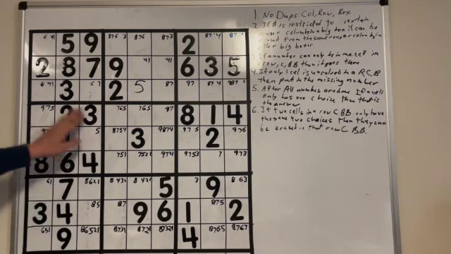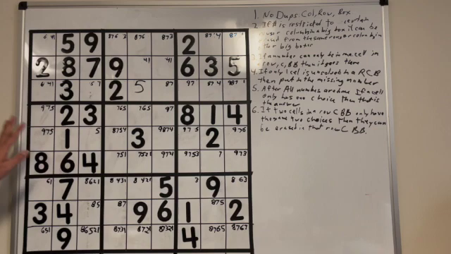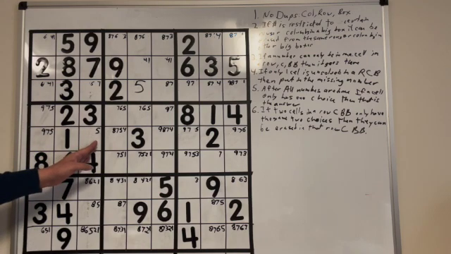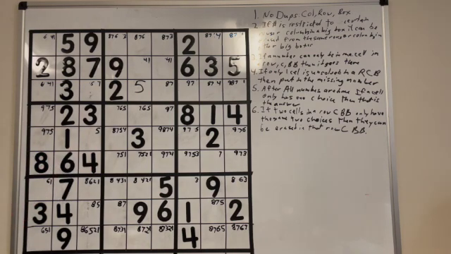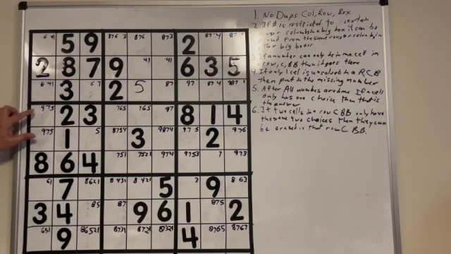This is 3 cells, 3 options. It fits all the rules. But this 5's by itself. And I also want to point out another weird thing. 9 and 7 and 9 and 7 are only in these 2 cells. There's no 9 7 over here. Therefore, this is really 2 options, 2 boxes.